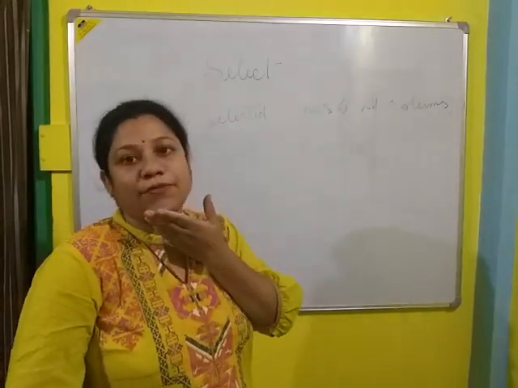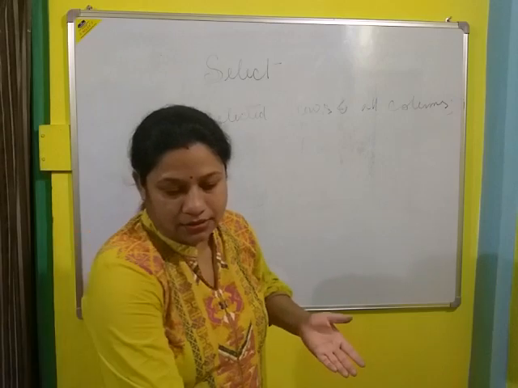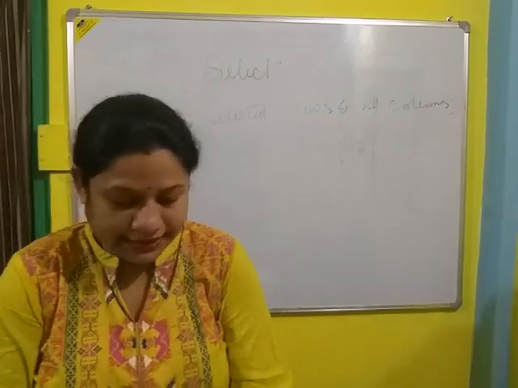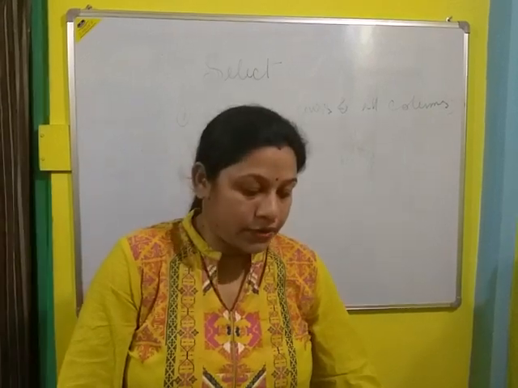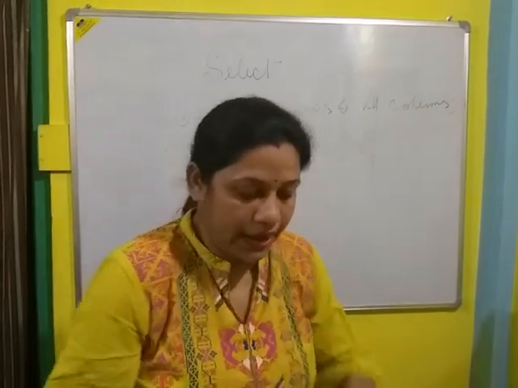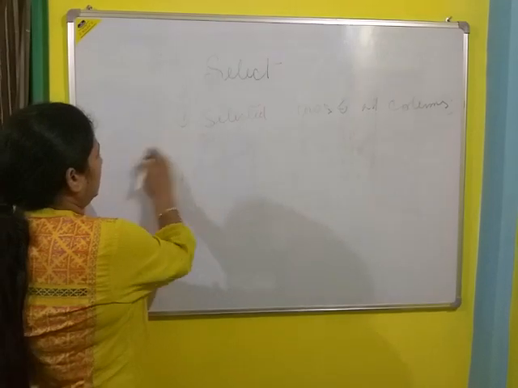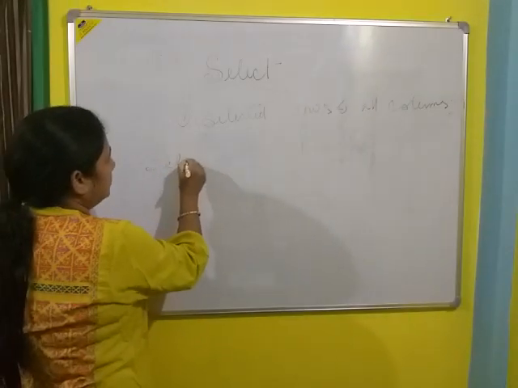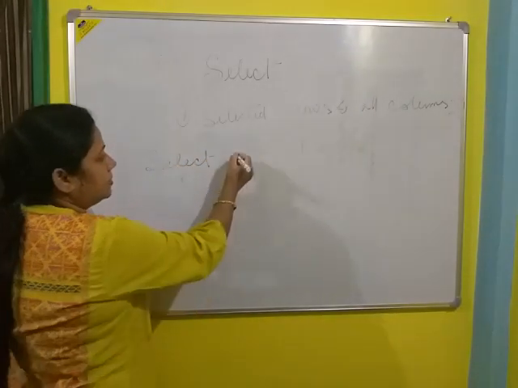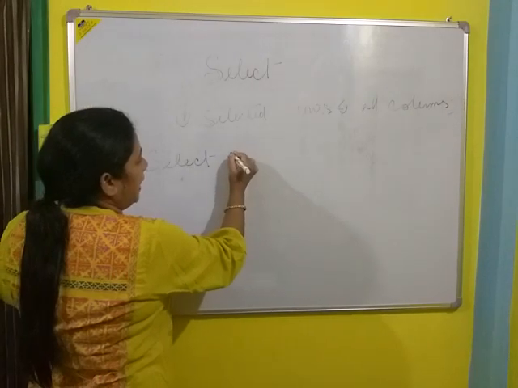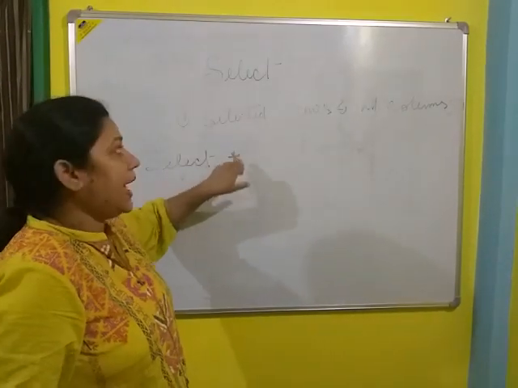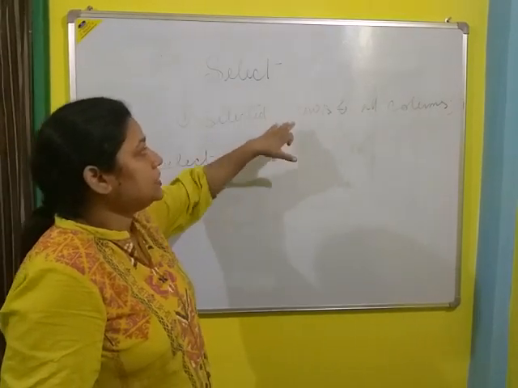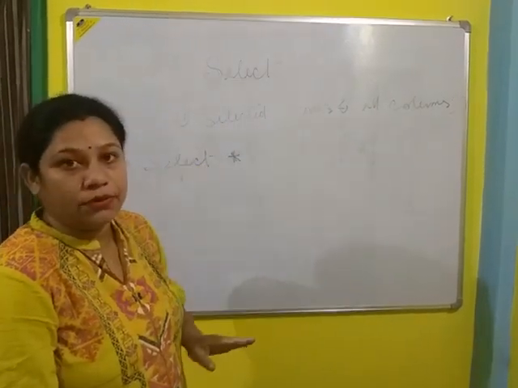So here I am going to write the format. Here we are going to use the where clause. Select, and here I am using an asterisk mark. This is for all, because you are going to display all the columns of the table.